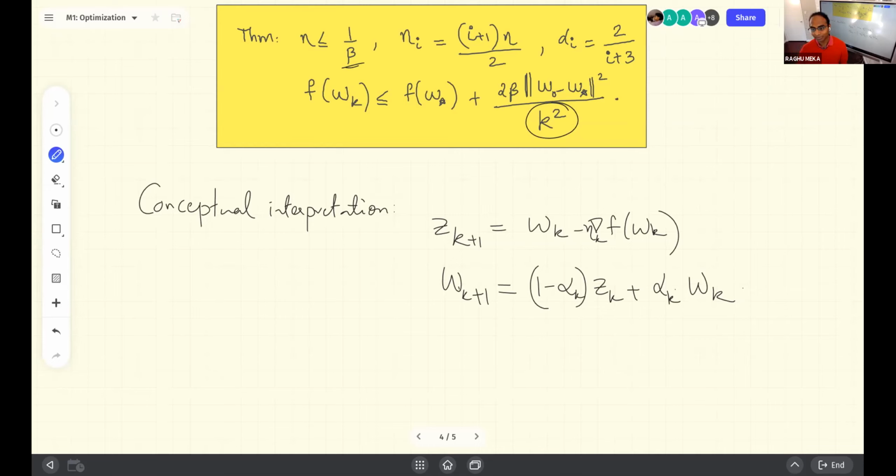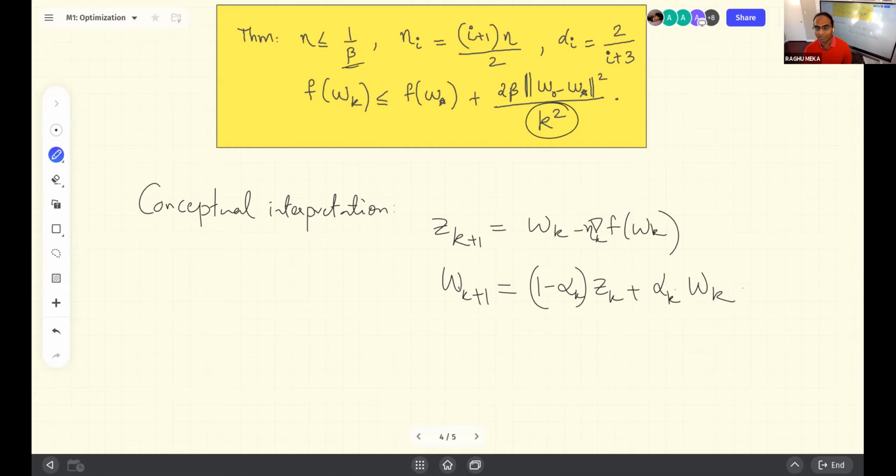Okay? Any questions about this? Unfortunately, I think going into the proof of this would be a bit too involved for what I have in mind in terms of breadth for this course. If you're interested in the proof, it's maybe half a page of more calculations compared to what we did for gradient descent.